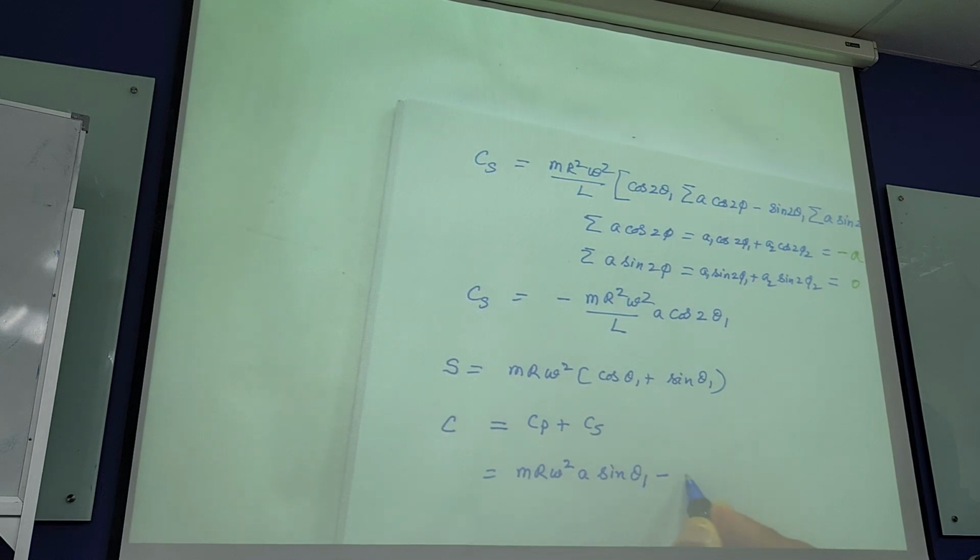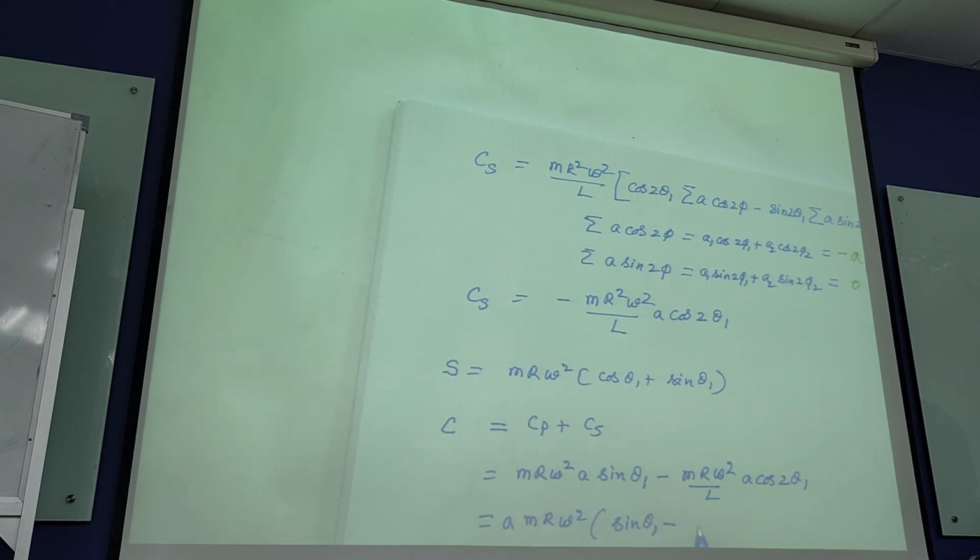Cs is negative mr omega square over L, A cosine 2 theta 1. So you can take mr omega square as common. Then you can write sin theta 1 minus R by L cos 2 theta 1.